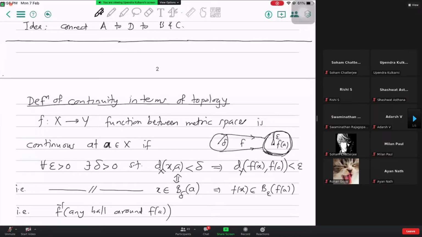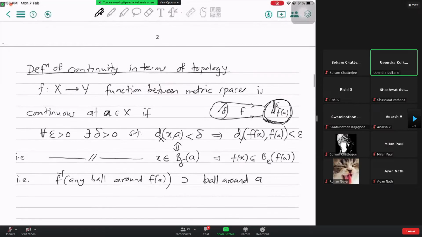It should contain a ball around A. Correct. So it contains a ball. So this is what we mean by continuity of f at a point A.